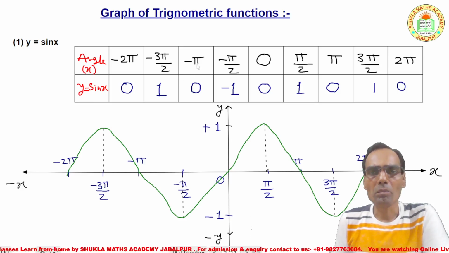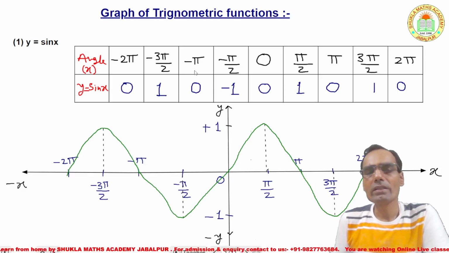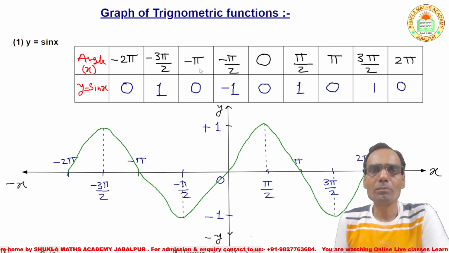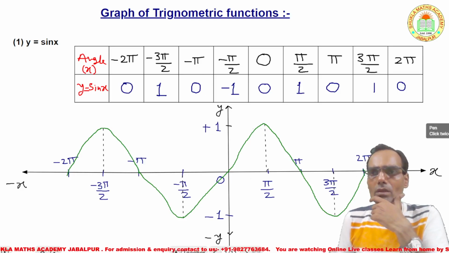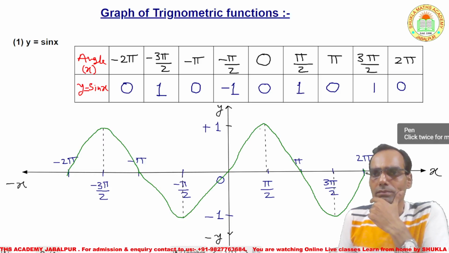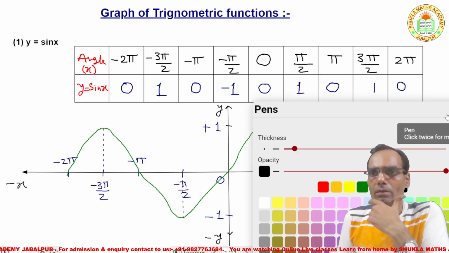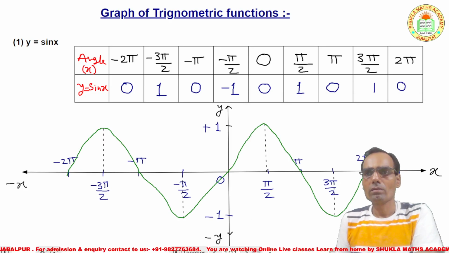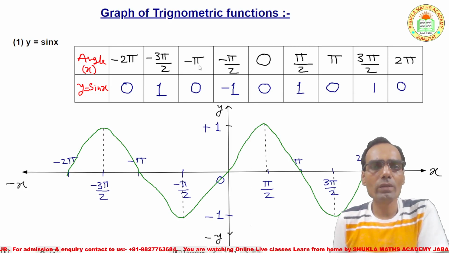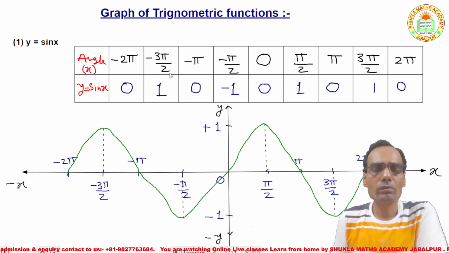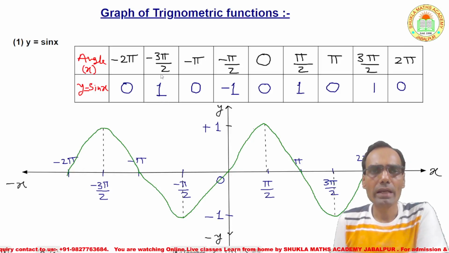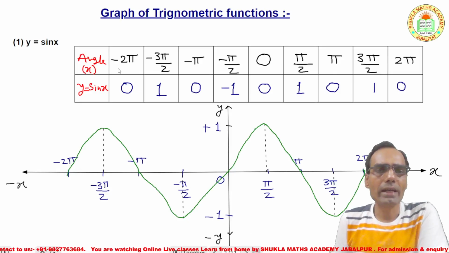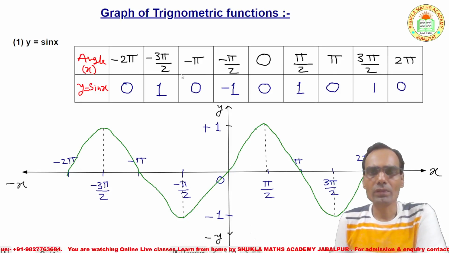Similarly, sine minus pi, so sine minus theta is minus sine theta, so minus sine pi will be 0, right? Okay, and next value is minus 3 pi by 2. So the value of sine minus 3 pi by 2 is 1. And at the last, sine of minus 2 pi is 0, right?